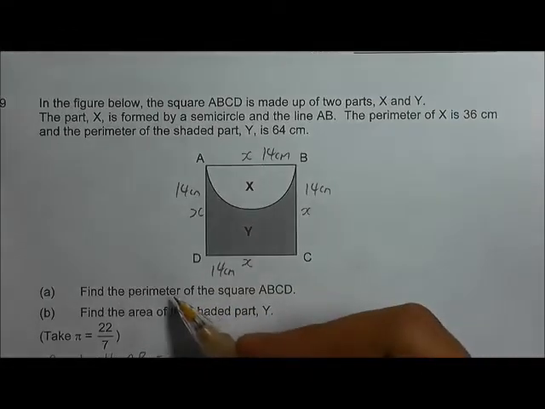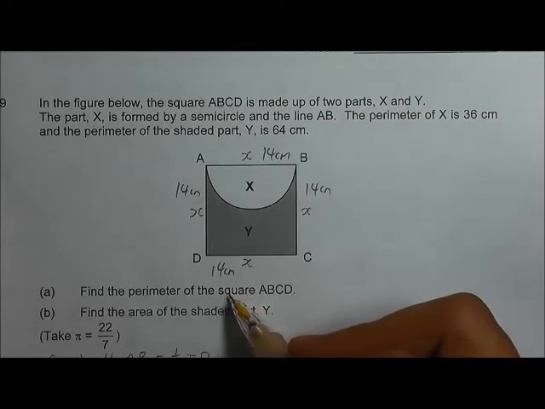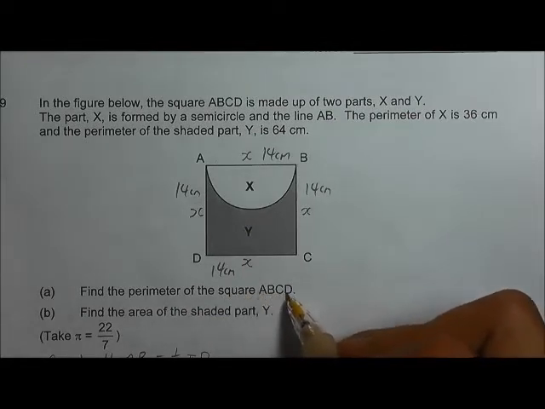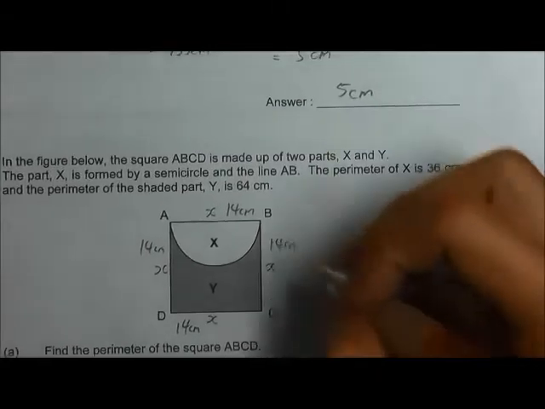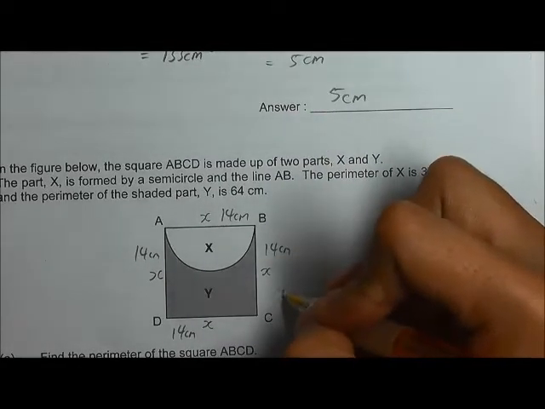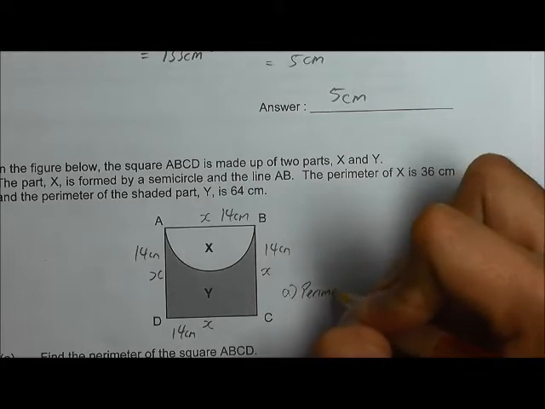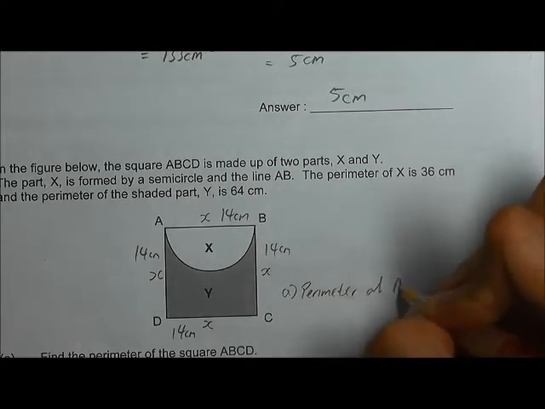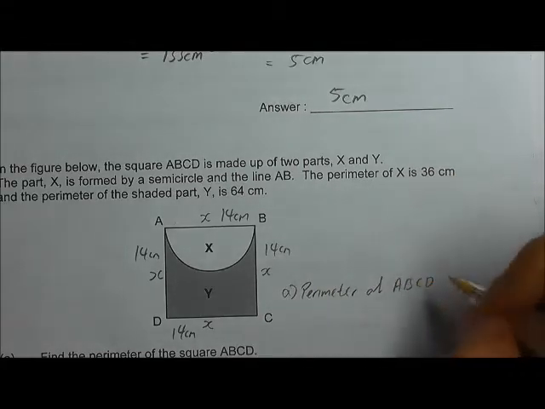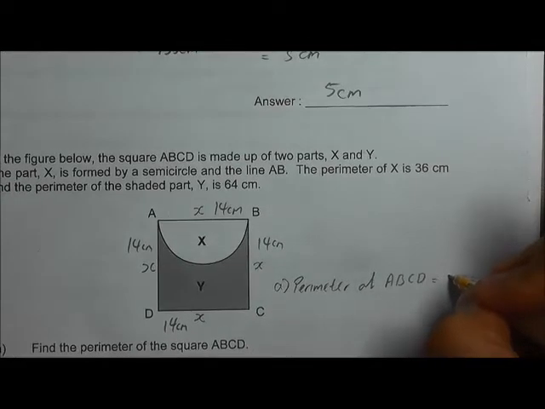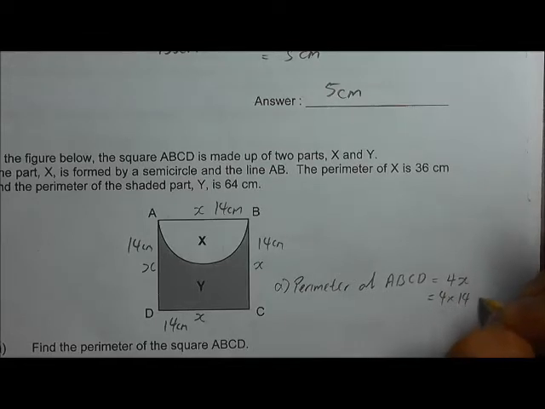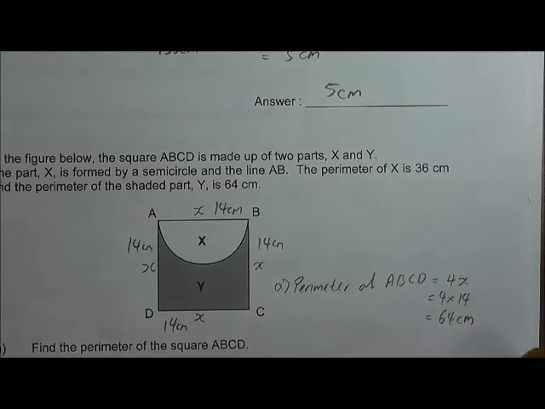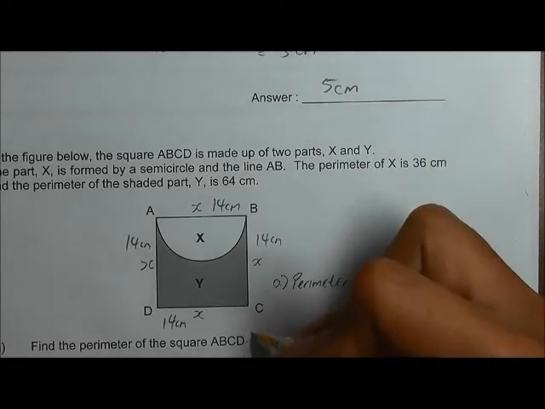To find the perimeter of the square ABCD, it will be just 4x, 4 times x, which is 4 times 14. We have 56 cm. Okay, now let's move on to part B.